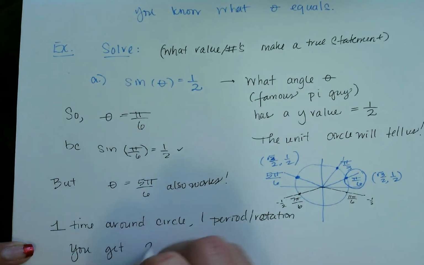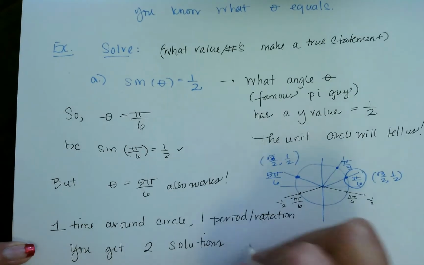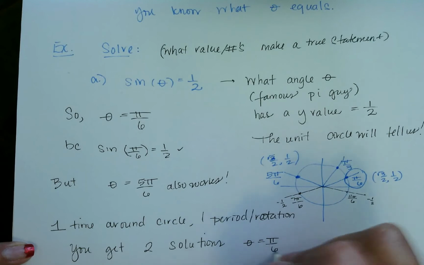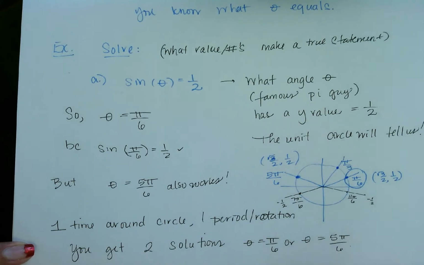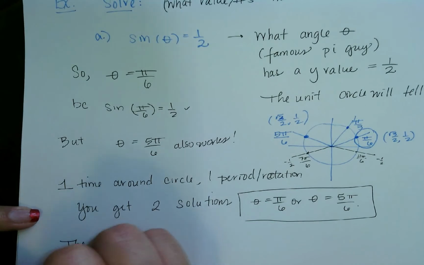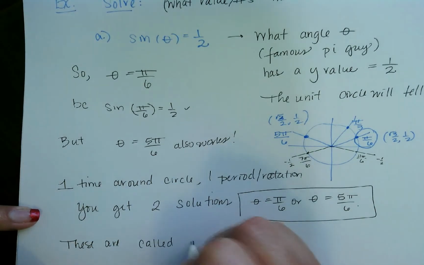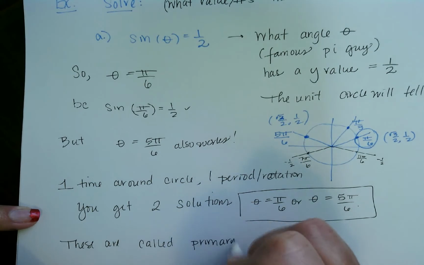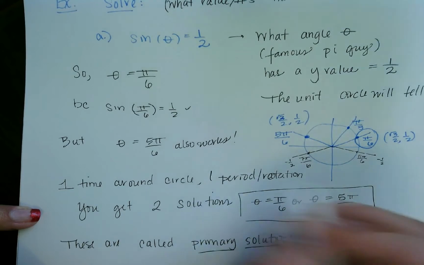Theta equals pi over 6, or theta equals 5 pi over 6. Okay, so those are our solutions. These are called primary solutions. That's going one time around the circle. They're called primary solutions.